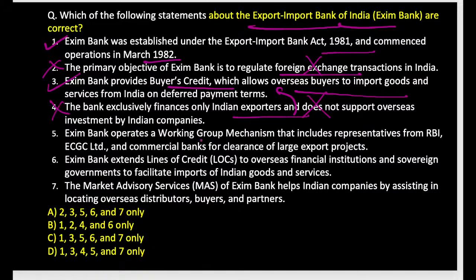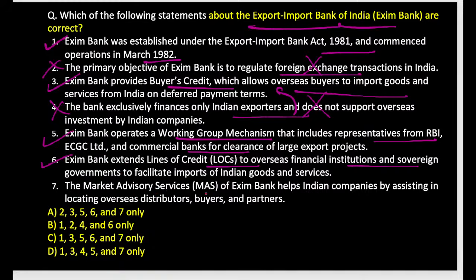Exim operates a working group mechanism that includes representation from RBI, ECGC and commercial banks for clearance of large projects, especially where the project size is more than 5,000 crores. The next one: Exim extends lines of credit to overseas financial institutions and governments, true.